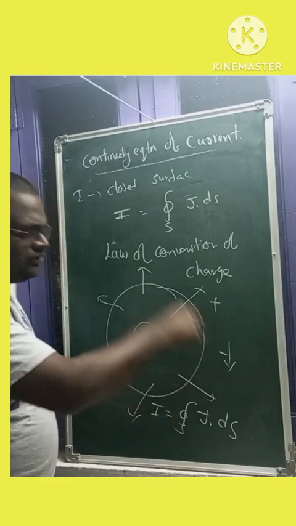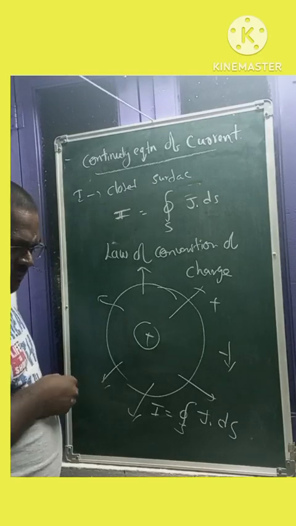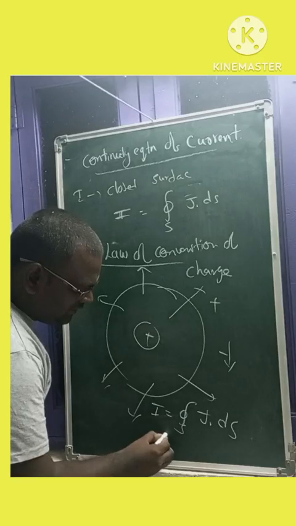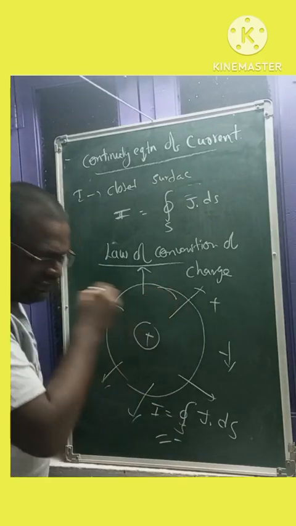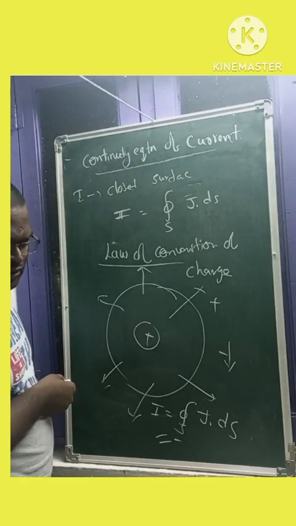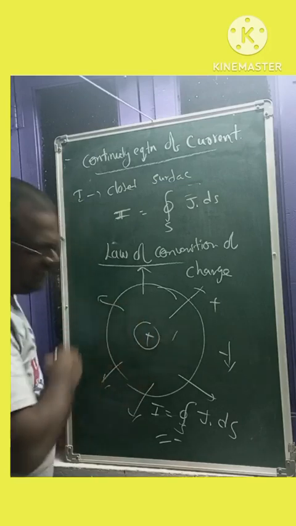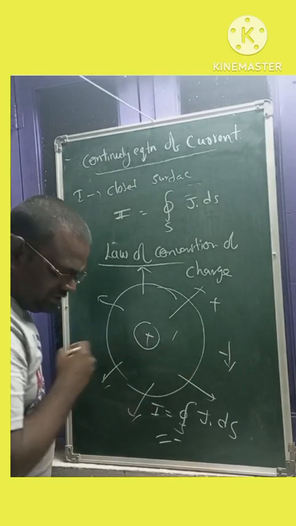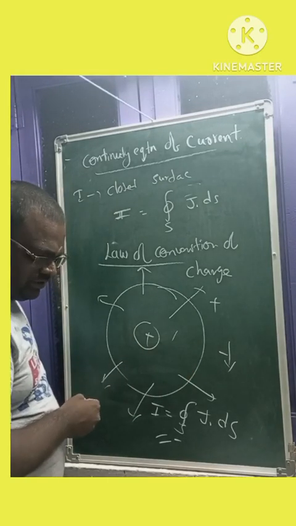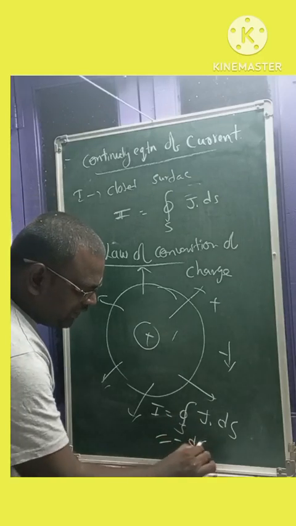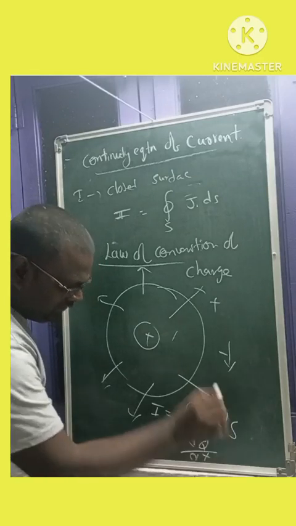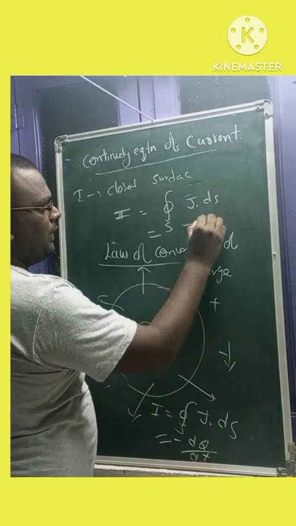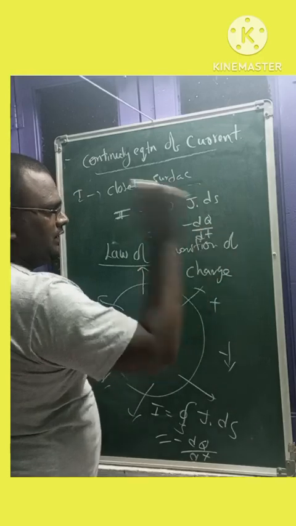Applying the law of conservation, there is a decrease in the charge inside, whatever flows out is lost from inside. So this is written as minus dQ by dt. So I is equal to minus dQ by dt.